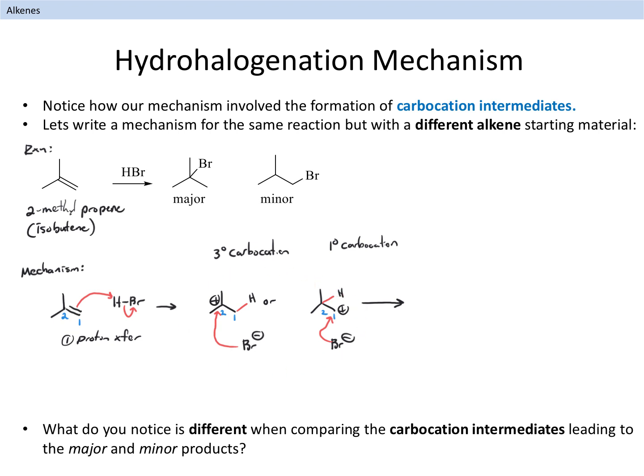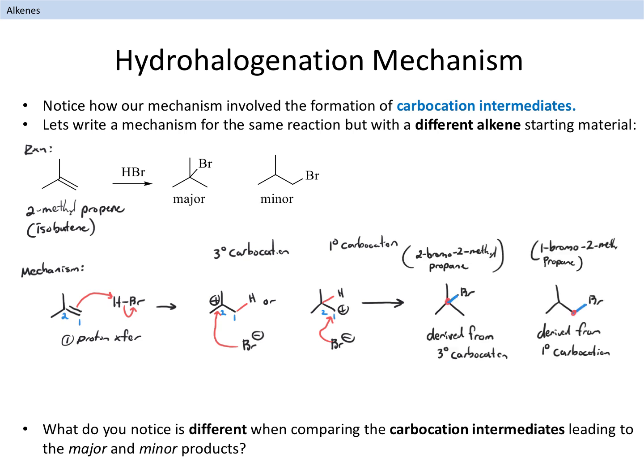If the tertiary carbocation is attacked by a bromide ion, the product generated is 2-bromo-2-methylpropane. On the other hand, if the primary carbocation is attacked by a bromide ion, the product generated is 1-bromo-2-methylpropane.